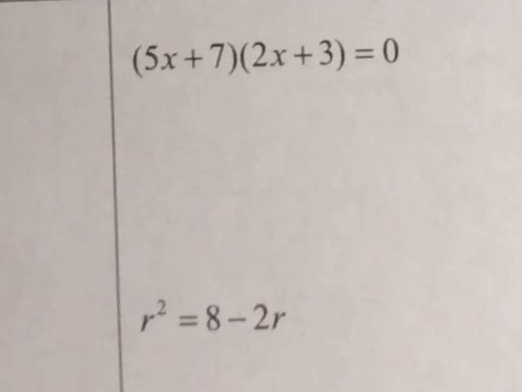If you think about that problem, you've already got the 0. It's already factored, right? So all we have to do is set each factor equal to 0 and solve here. So in this problem, all I'm doing is going 5x plus 7 equals 0, 2x plus 3 equals 0, and then solving.